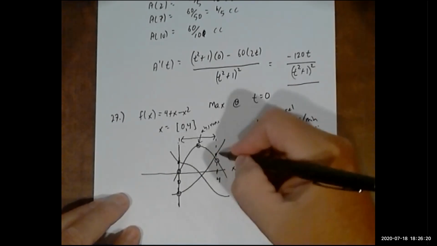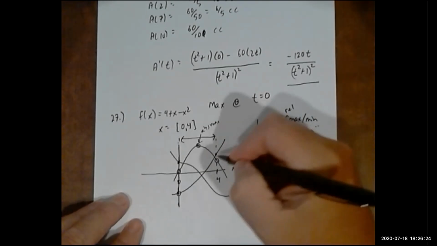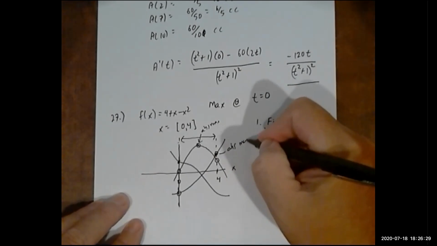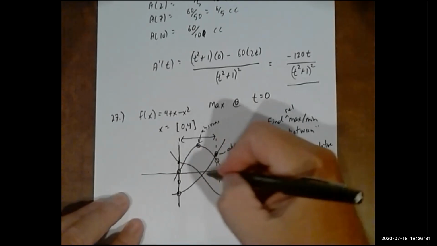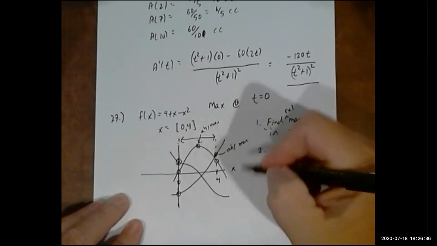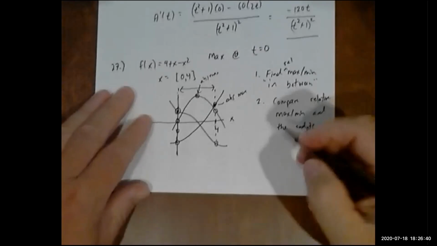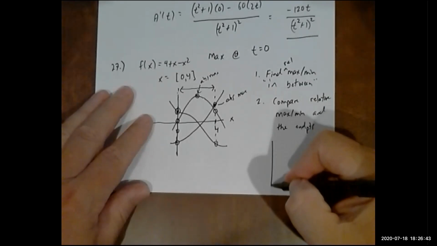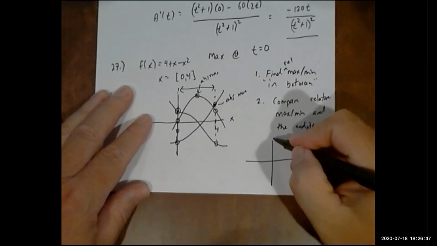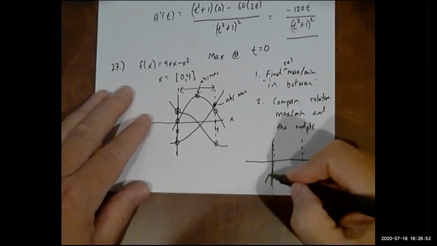There is no max or min in between, so I simply compare the endpoints, and obviously that would be the absolute max. For this last one I drew, once again, there's no max or min in between. Let me just, for fun, what if we had something like this? And I came in here.